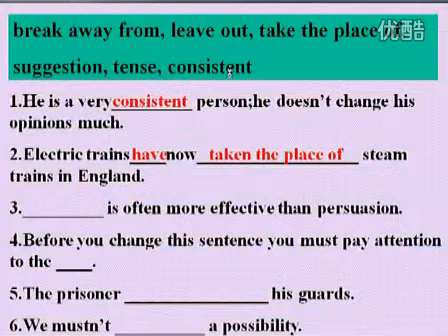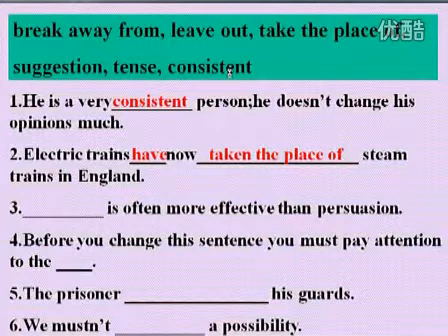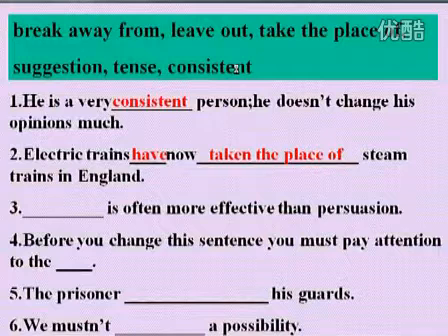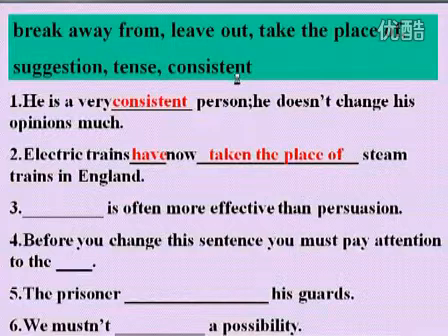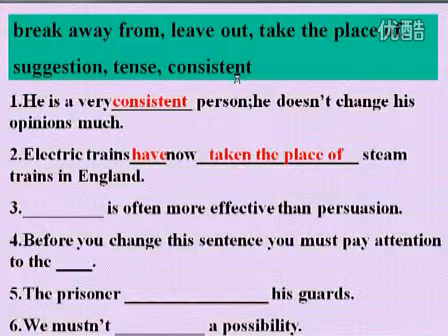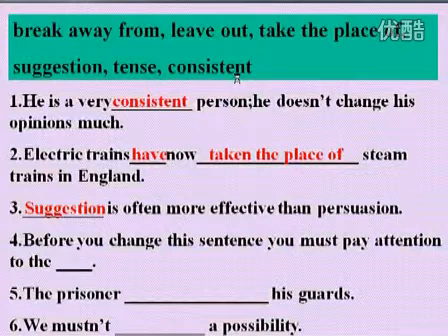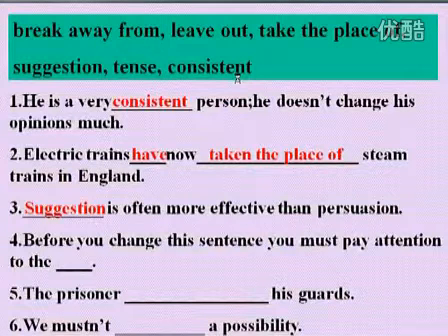那么电动火车现在已经替代了，在英国已经替代了蒸汽火车。Have taken the place of, take the place 代替、替代。Now number 3, suggestion is often more effective than persuasion. 建议呢总要比说服劝说更有效。Now number 4, before you change the sentence, you must pay attention to the tense. 你想改变这个句型的话，那你就必须注意什么呢？注意这个形式啊，或者时态 tense.